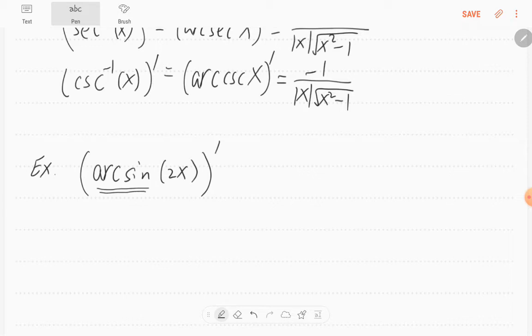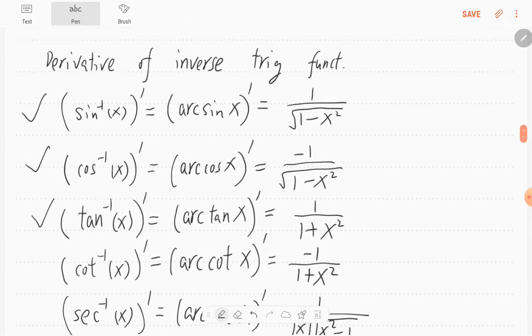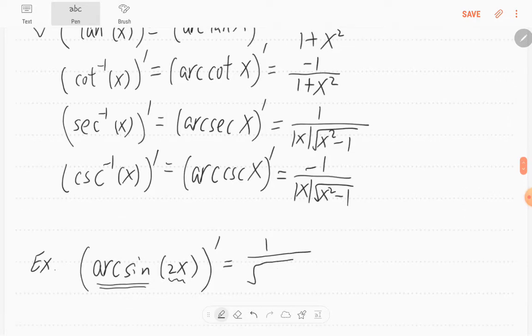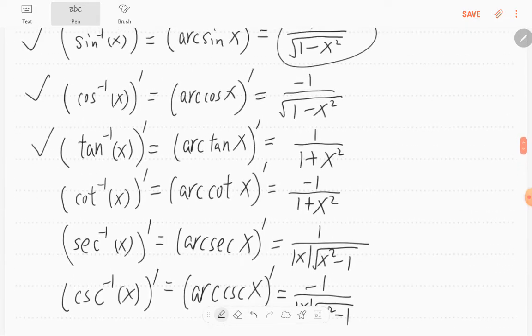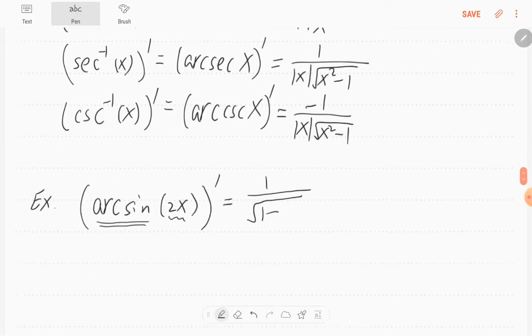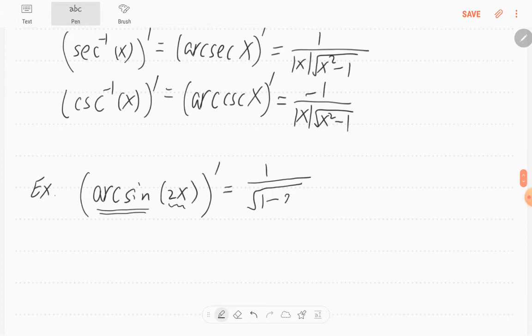Okay, so we can use the chain rule. The inside function is 2x. The chain rule says it should be the derivative of arc sine, which is 1 over square root of 1 minus x squared, but here we have 2x instead of x, so we have (2x) squared, not x squared.